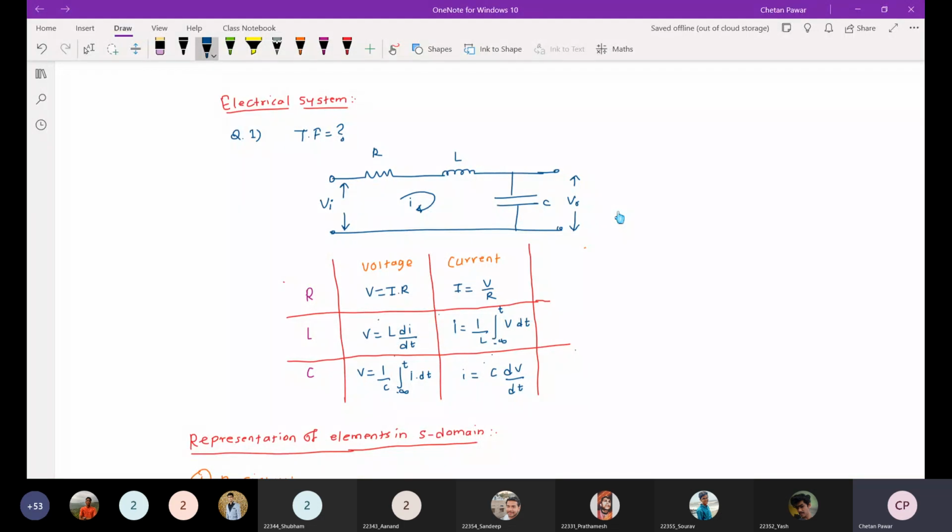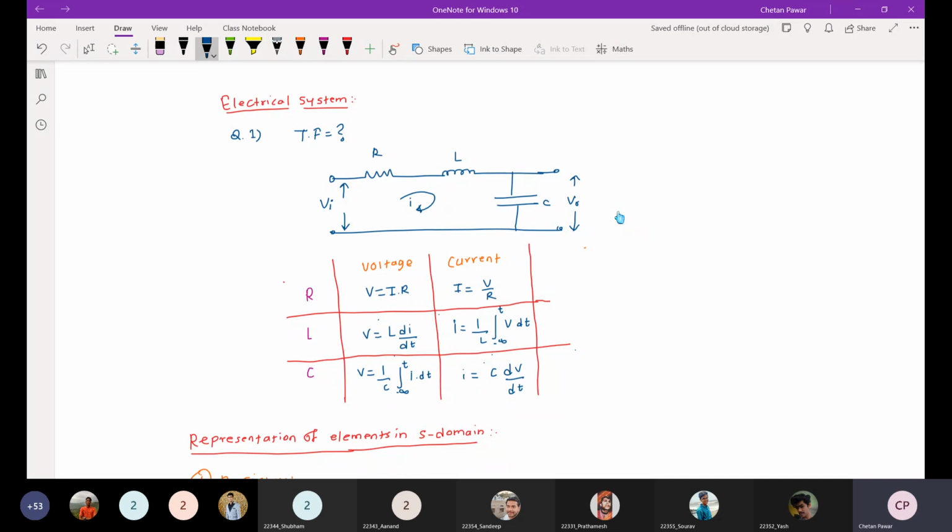What you can do now, if a circuit is given, you can apply KVL or KCL. After applying KVL and KCL, you can represent that in the time domain, then convert into the S domain by using the Laplace transform, and find out the transfer function of the system. That is one method.